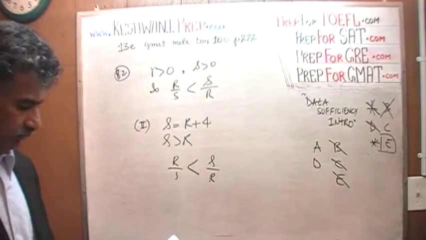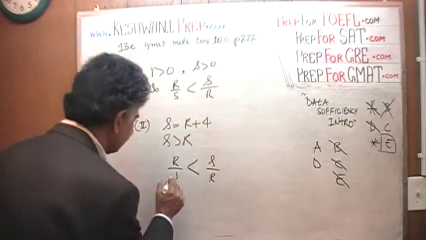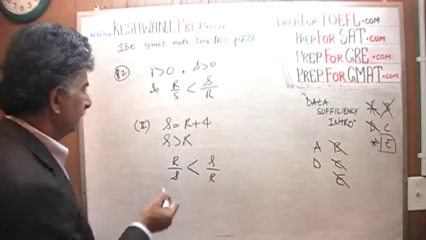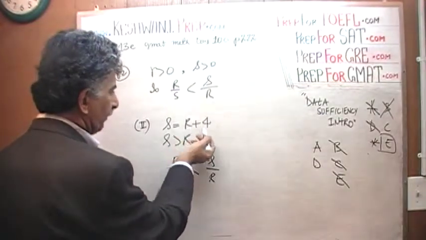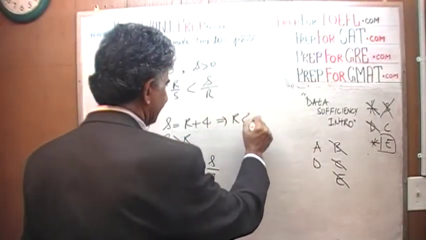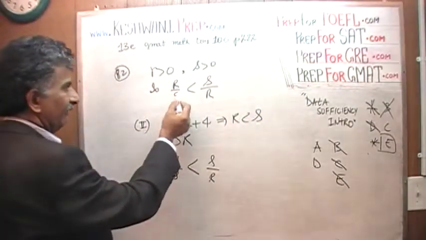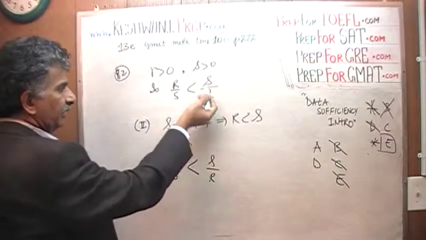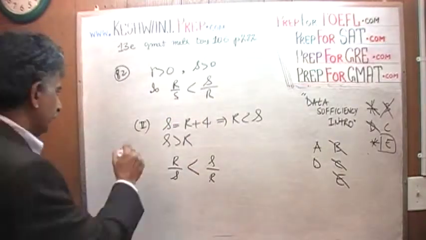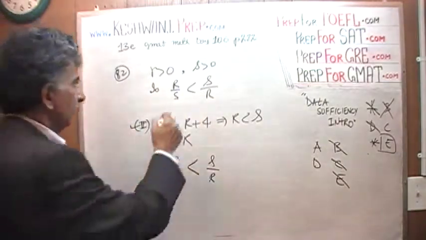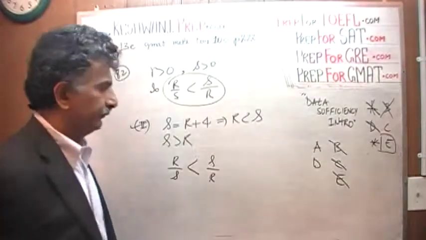It is too simple. If S equals R plus 4, that implies that R is less than S, so the numerator here is less than the denominator, and here it is just the other way around. So the second statement also is enough to answer the question, and therefore the answer is D.